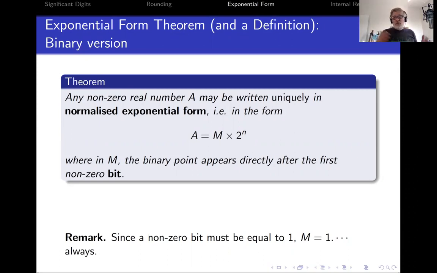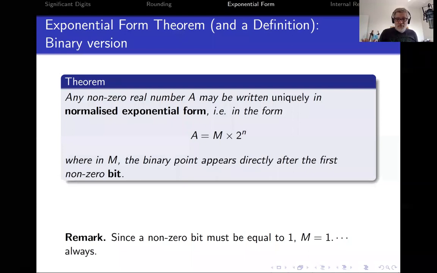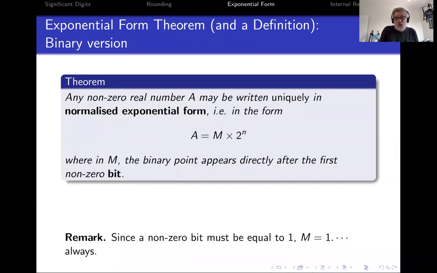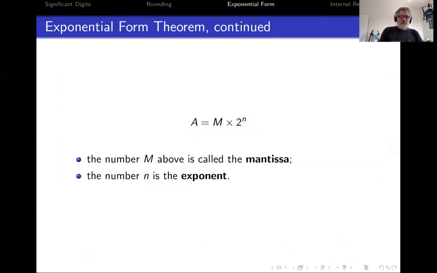In decimal, it could be 1 through 9, but in binary it's just 1. So you know your number will be 1 point something. Here m is called the mantissa and n is called the exponent in this form.